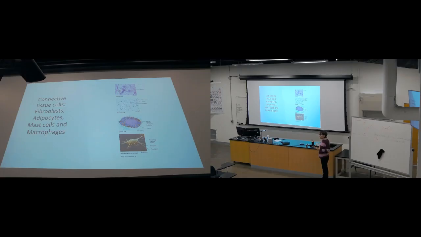So they are the storage for triglycerides. And then the mast cells have a large nucleus and granules that have inflammatory mediators that are going to produce inflammation when they are released.